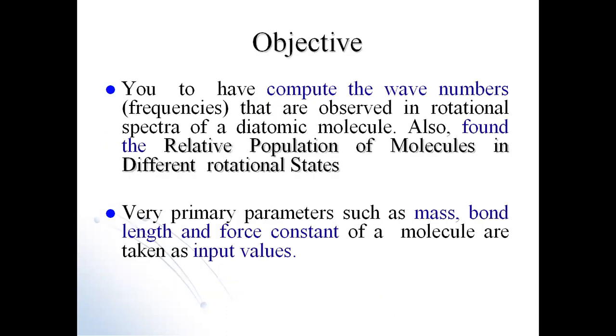So the basic objective is that you have to compute the wave number frequency. You have to calculate the wave numbers of the rotational spectra of a diatomic molecule. That means you get a series of dark lines.